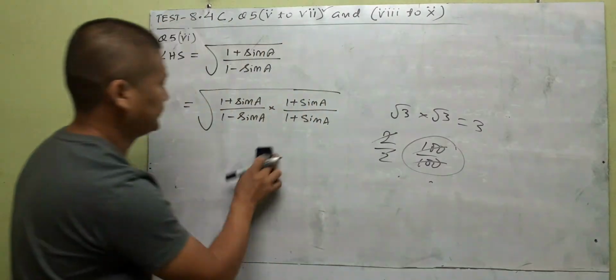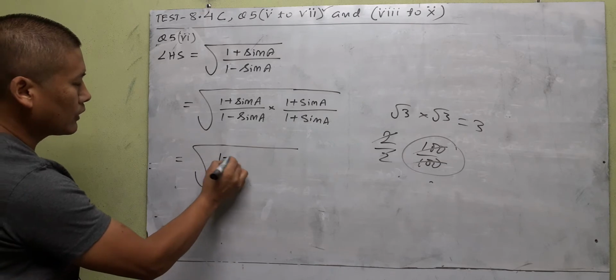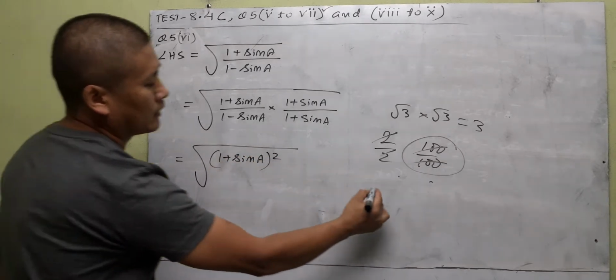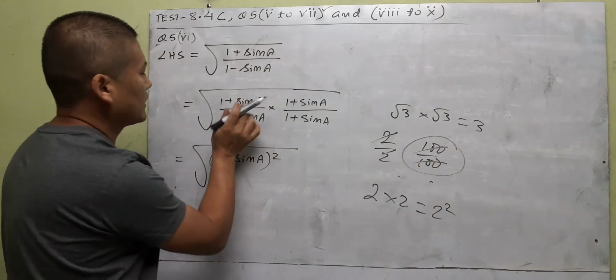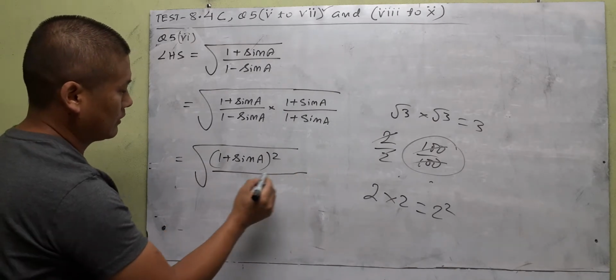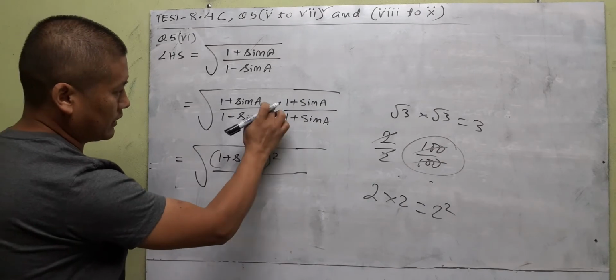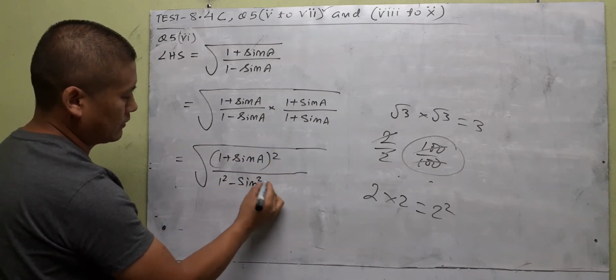Next, here, root over (1 plus sin A) whole thing squared. Just like 2 into 2 you can write 2 square, 1 plus sin A into 1 plus sin A, I can write (1 plus sin A) square. In the denominator, (1 minus sin A) into (1 plus sin A) is 1 square minus sin square A. We just apply the formula (A minus B)(A plus B) equals A square minus B square.